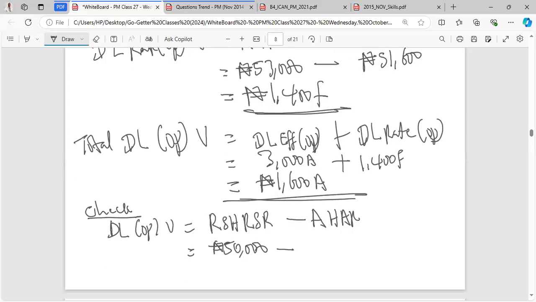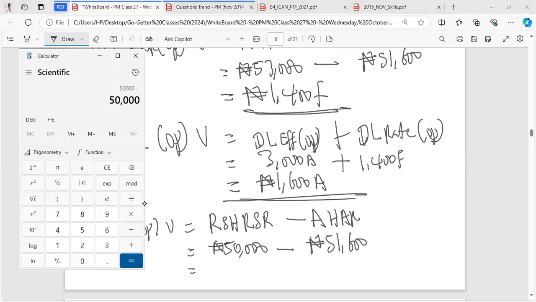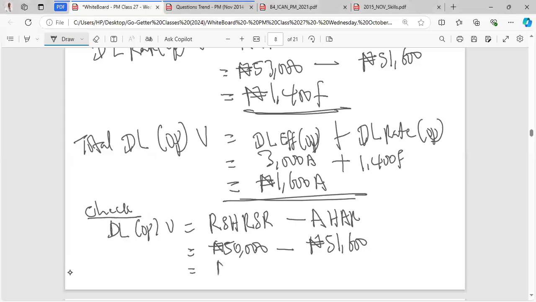So 50,000 minus 51,600, and we get our 1,600 adverse.